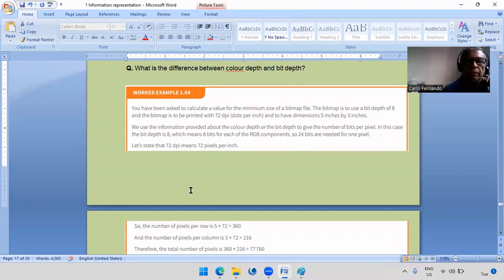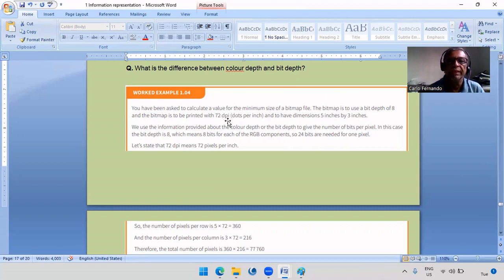Here is a worked example. You have been asked to calculate a value for the minimum size of a bitmap file. The bitmap is to use a bit depth of 8. See, the terms that you learn are coming. Bit depth of 8, and the bitmap is to be printed at 72 dpi, meaning dots per inch.